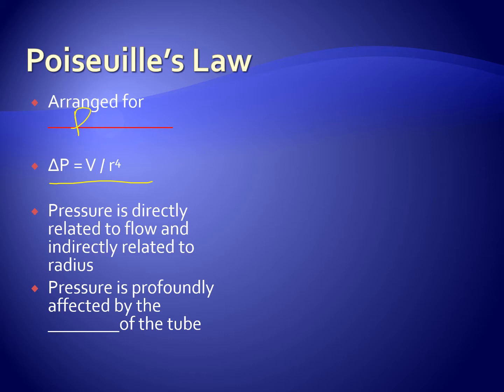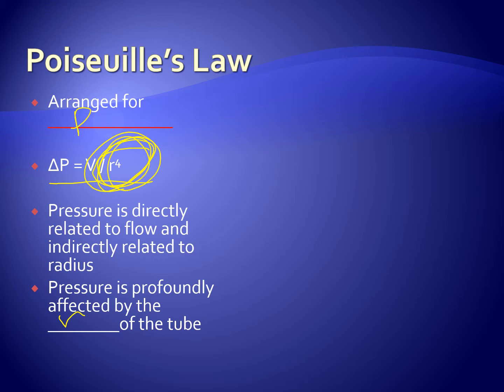So pressure is profoundly affected by, and remember I told you this was the big thing, what's the exponential relationship in this equation, right? By the radius of the tube. The radius is the exponential factor in this relationship. It's the polarizing factor there, right? So as we arrange it for pressure, right, we're going to see that our flow over our radius. So this is where you're going to pretty much take whatever it is and divide it over 16.